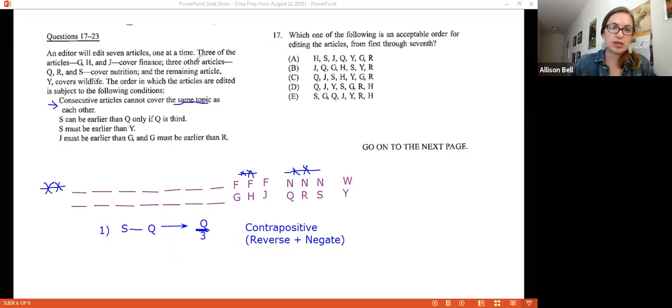So what this tells me here is, if I flip this around and I say, what if Q is not in third? Well, what would I know then?